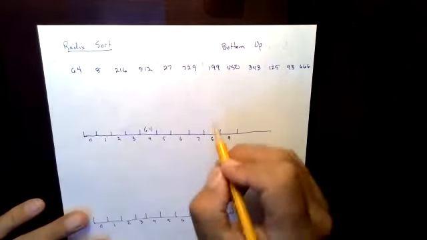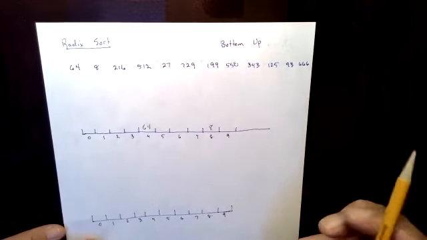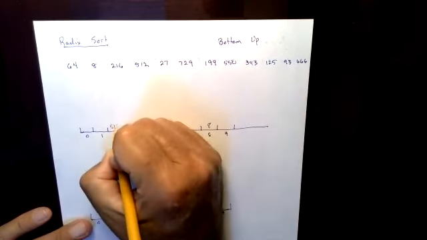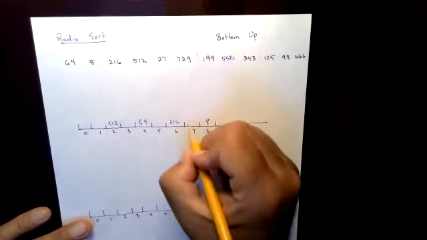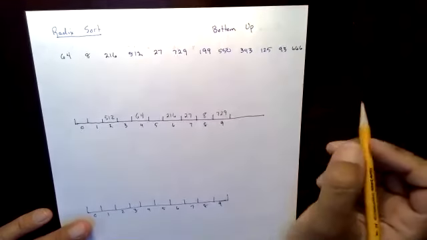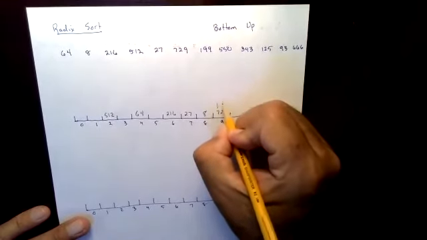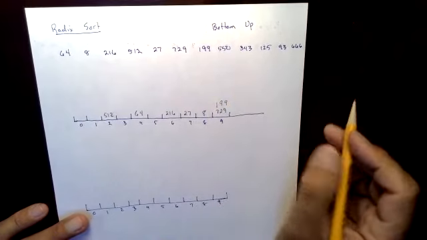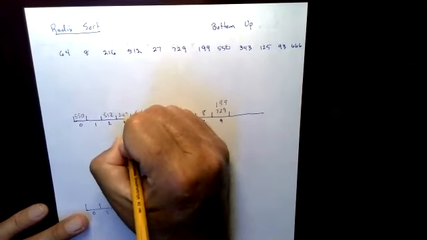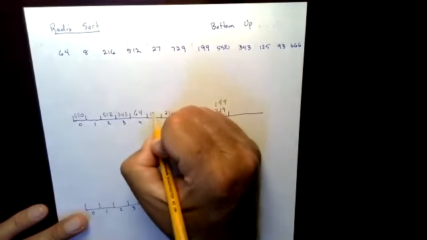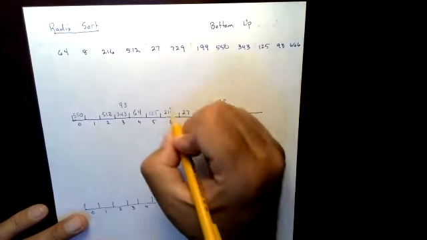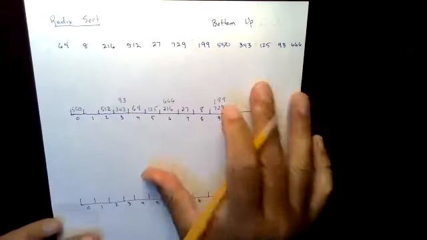The 8 is going to go down into here. 216 is going to go to this container. 512 is going there. 27 is going there. 729 is going there. 199 is going there. Here goes 550. Here's 343. Here is 125. Here is 93. And here is the ever popular 666.